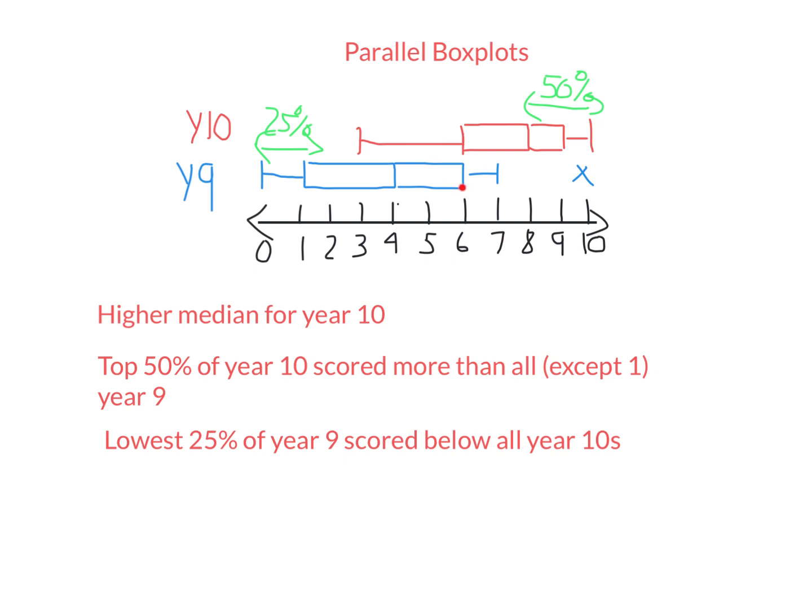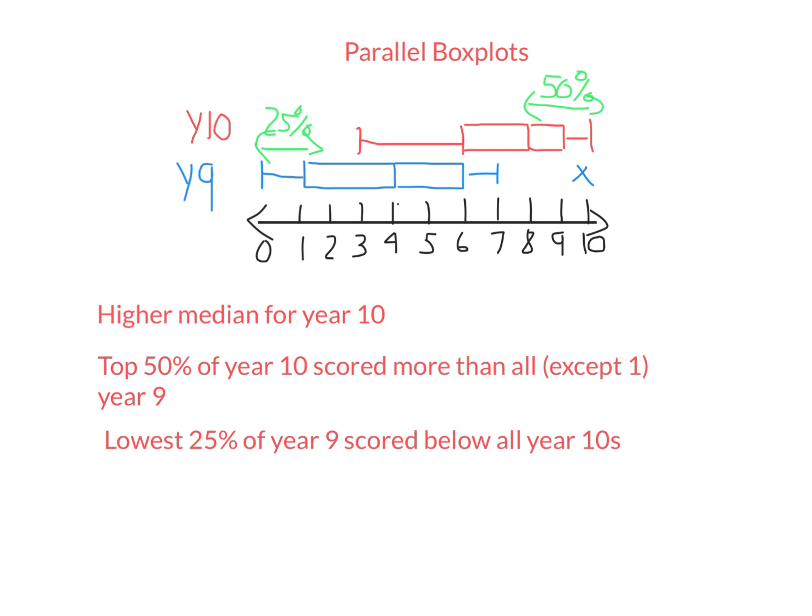That means 75% or 3/4 of year 9s scored 6 or below. 25%, 25%, 25% makes 75. So you could say that the bottom 25% of year 10 scores was the same as the bottom 75% of year 9.